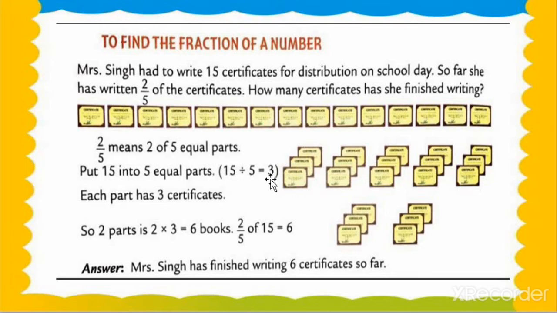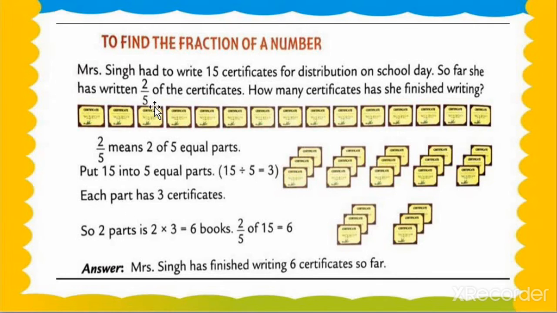So now let's check the table number 5. 5 ones are 5, 5 twos are 10, 5 threes are 15. Each part has 3 certificates. How many certificates does each part have? 3. See here, 5 threes are 15.